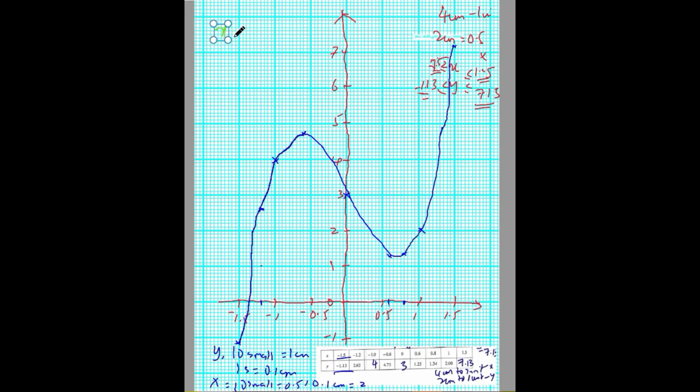So when x is equal to negative 0.3 and y is equal to 2.5. So when x is equal to negative 0.3, so here for below 0.5, you pull it up. So which is here, you pull up.